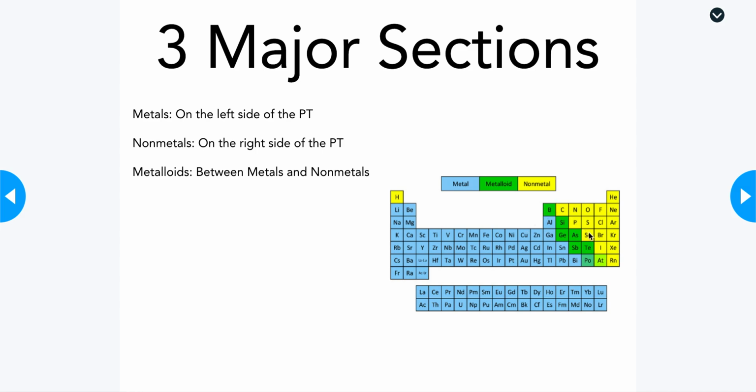Nonmetals are on the right-hand side of the periodic table, and they are all the ones in yellow. And then metalloids is this staircase between metals and nonmetals, and those are in green here. So I want you to go ahead and fill in or outline these sections on your coloring periodic table.